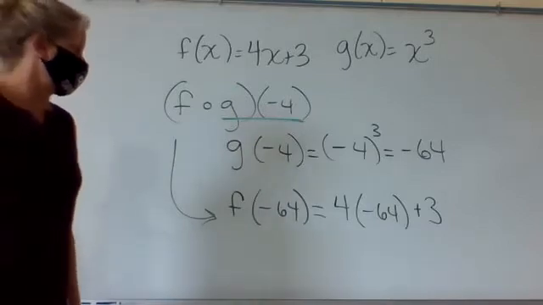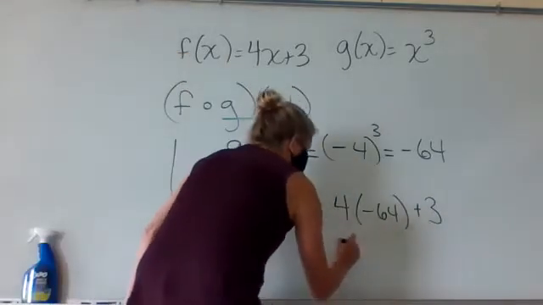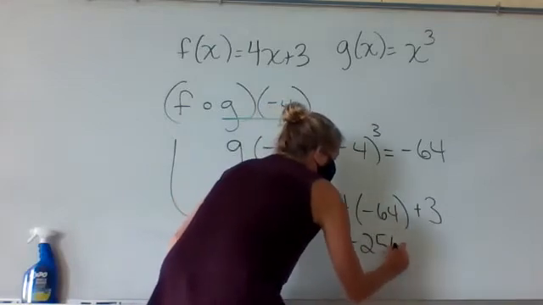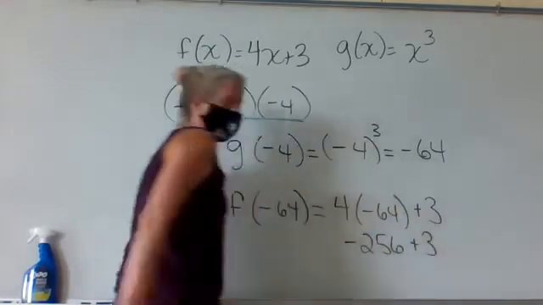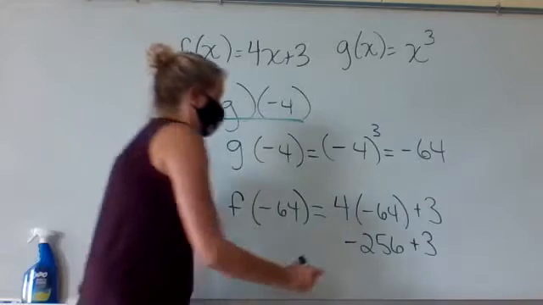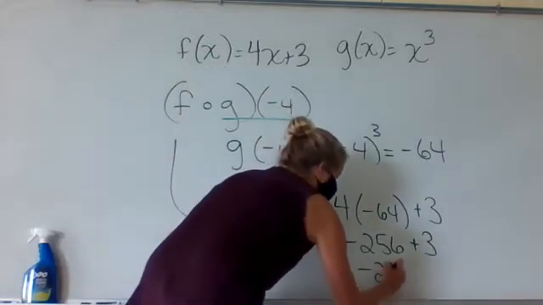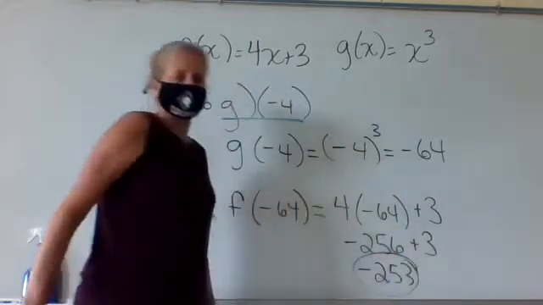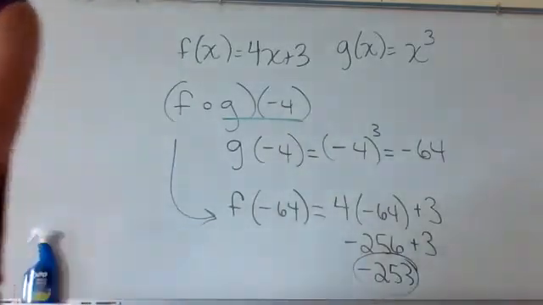So let's see, 4 times negative 64 gives me negative 256. Bring down the plus 3, and negative 256 plus 3 is negative 253.